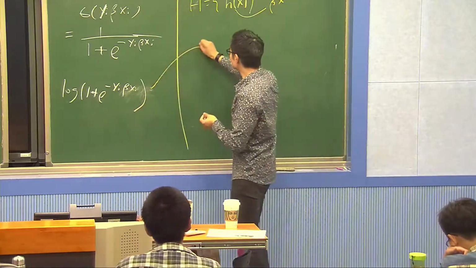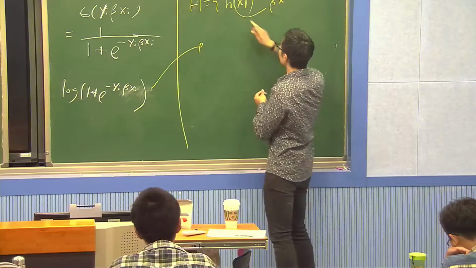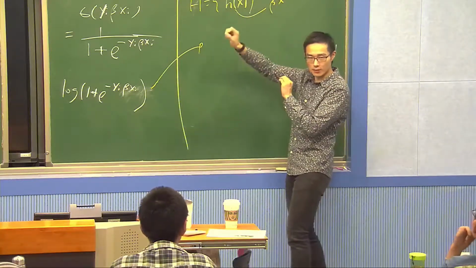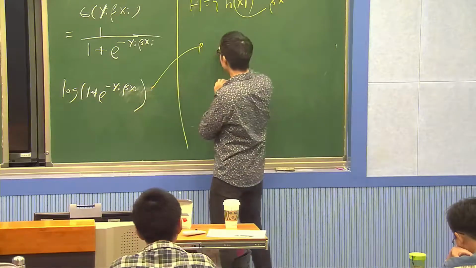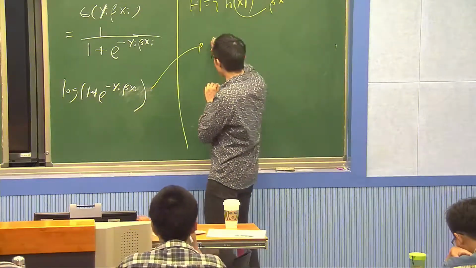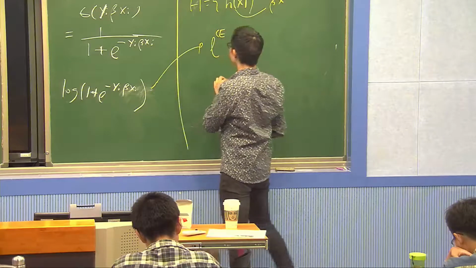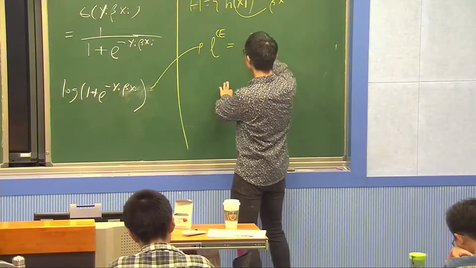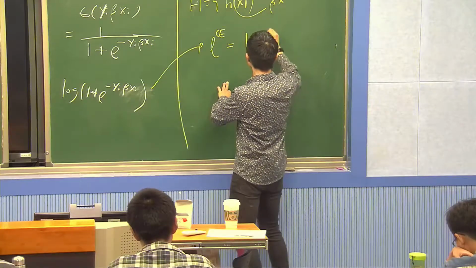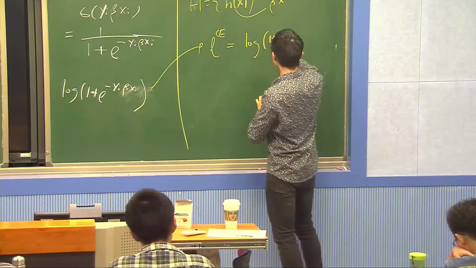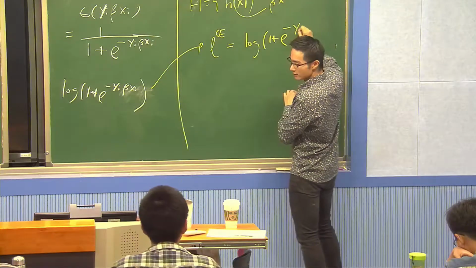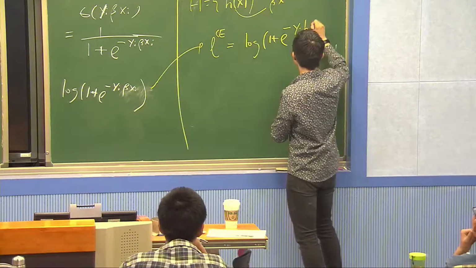Now let me write it even more clearly. I'm going to call this hx. You can think about hx just as beta x, which is our hypothesis. Then this is our loss function, which I'll call LCE, meaning cross entropy loss, equal to log of 1 plus e to the minus y times hx.